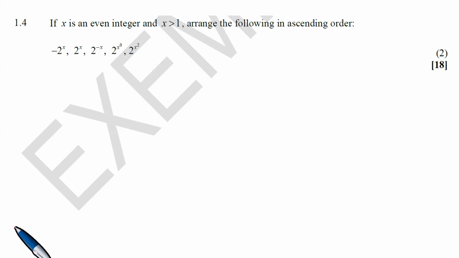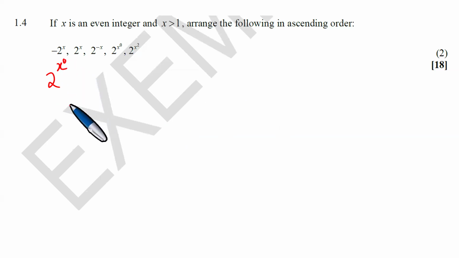Okay, let's start. 2 to the power of x, 0. To the power of x, like this, to the power of 0.